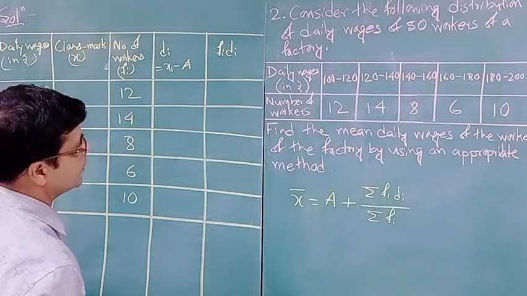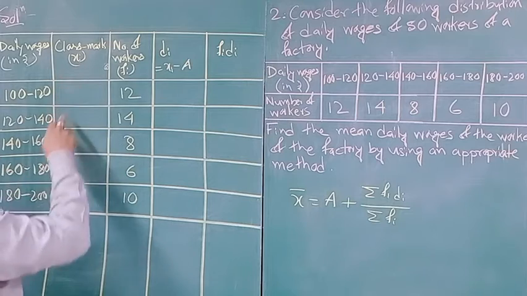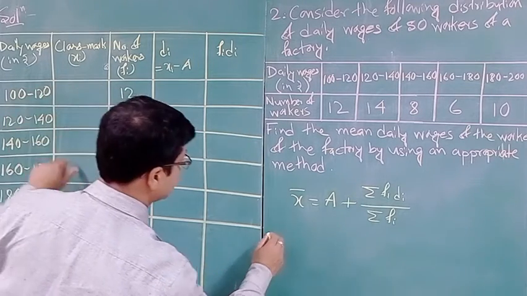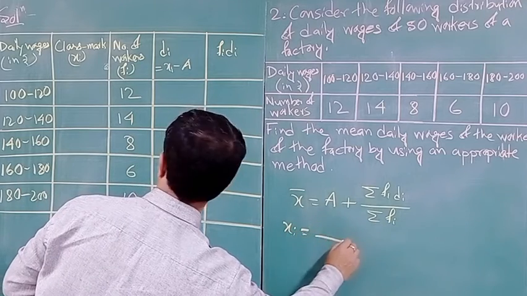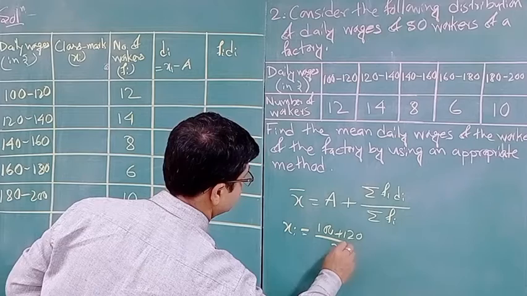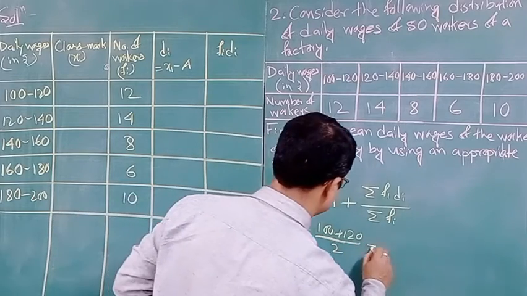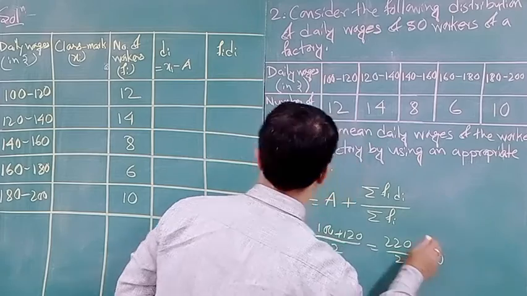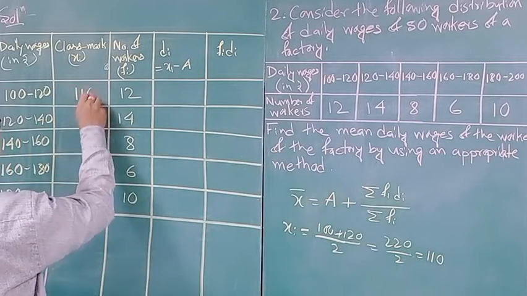Got it? Now let us write the class mark. Class mark is the mid value. So for the first one, the class mark is 100 plus 120 by 2. It means 220 by 2, so it is 110.